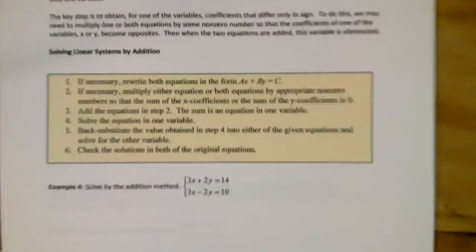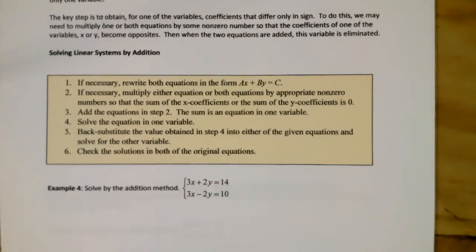Step two: if necessary, multiply either equation or both equations by appropriate non-zero numbers so that the sum of the x coefficients or the sum of the y coefficients is 0, because you have to be able to eliminate either the x or the y when you combine those two equations.